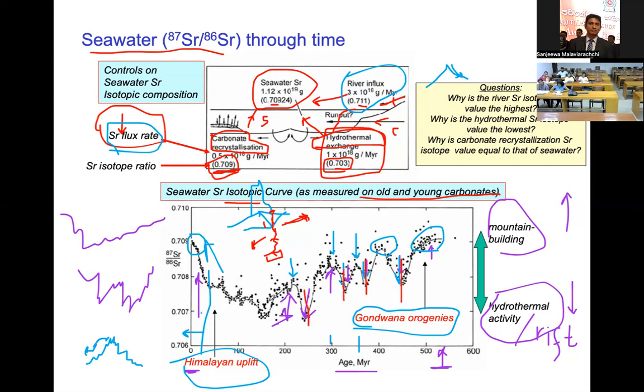So you can see the seawater strontium isotopic composition is depleting due to hydrothermal or rifting activities, right? That's why I put rifting there. So collision is always followed by rifting. Therefore, increased isotopic composition, then another episode of decreasing isotopic composition, and again increasing.